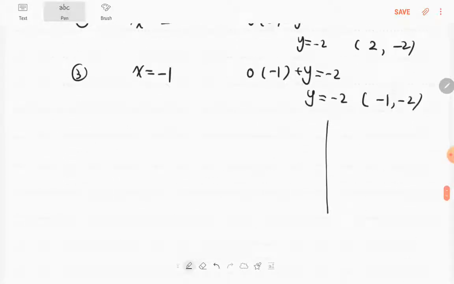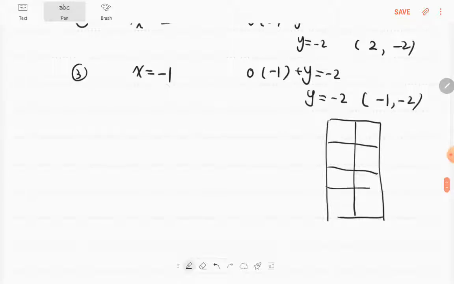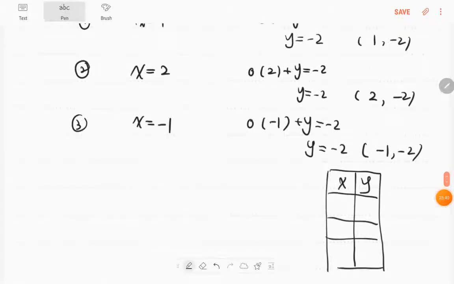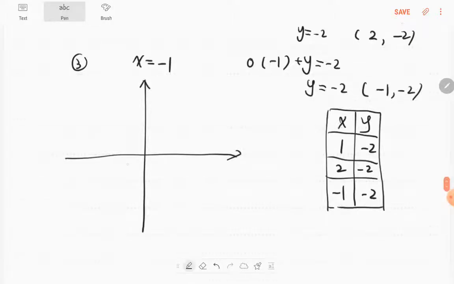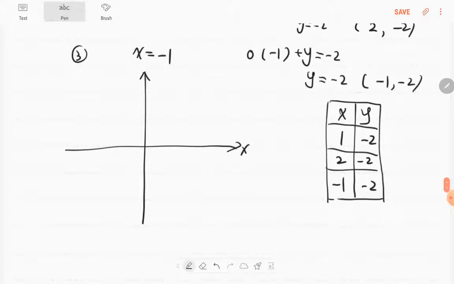After that, we list all the solutions in this table. It's x, y. So 1, -2. 2, -2, and -1, -2. We realize x can be any value. Y is always -2.